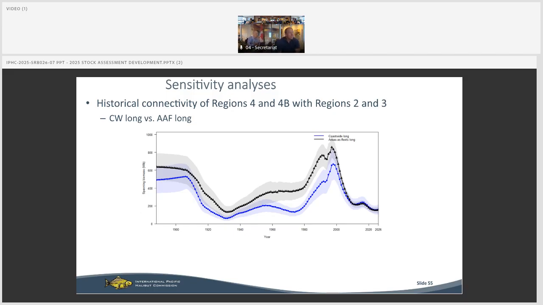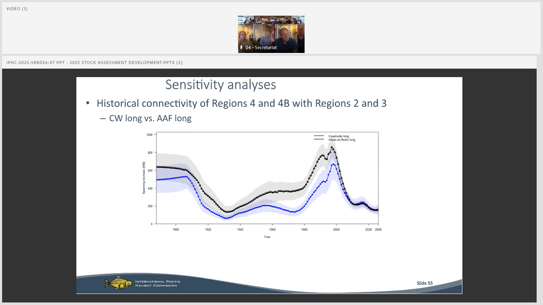Well, that essentially is equivalent to more biomass in the west side of the stock implicitly in that model. It's basically saying those old fish in the west side of the stock were less available than under instantaneous mixing. So probably the reality is somewhere in between these two assumptions.